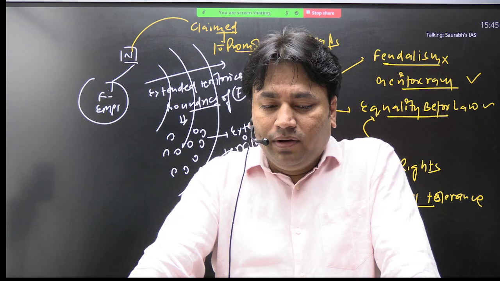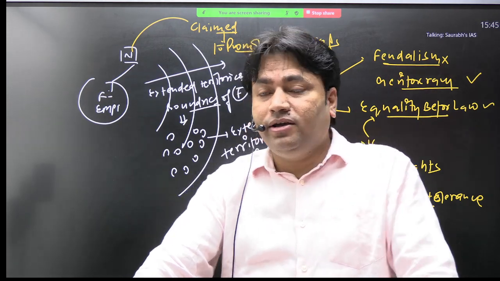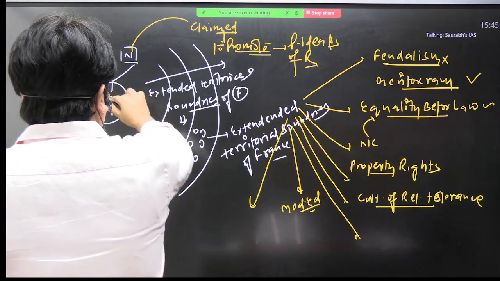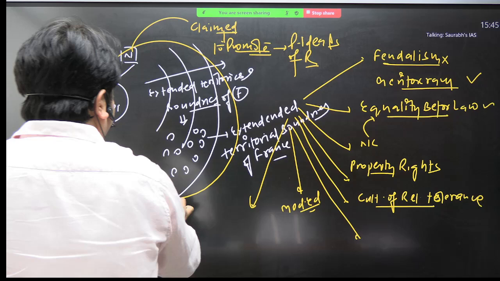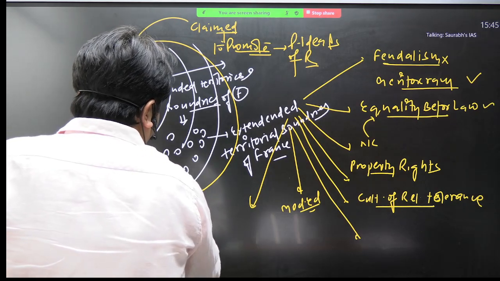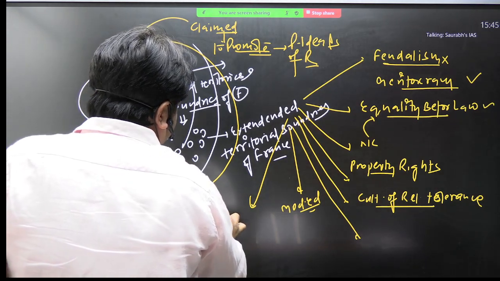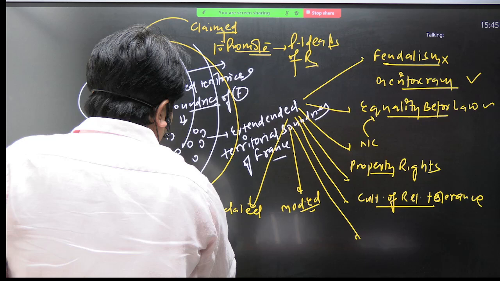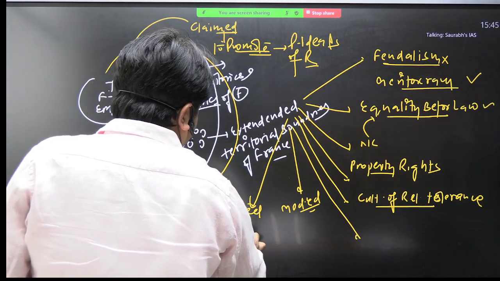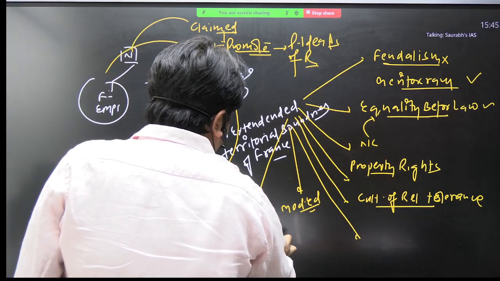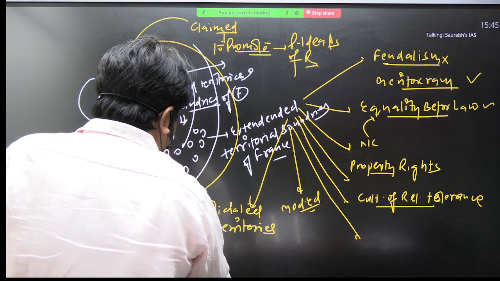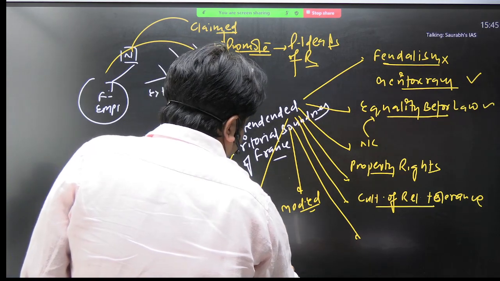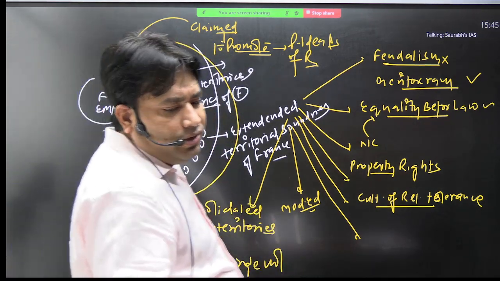Now, okay, what other things happened here? Since all these were the part of extended territorial boundaries of France, we can say that Napoleon also consolidated all these territories into a single unit.